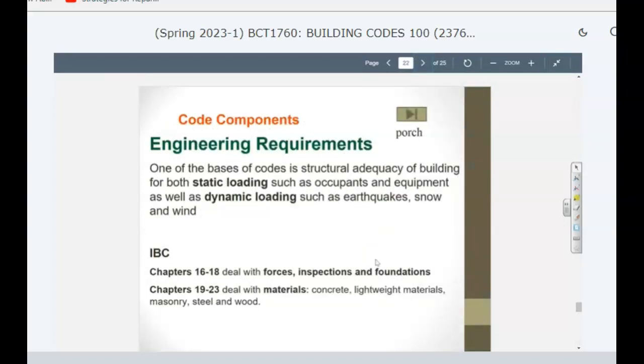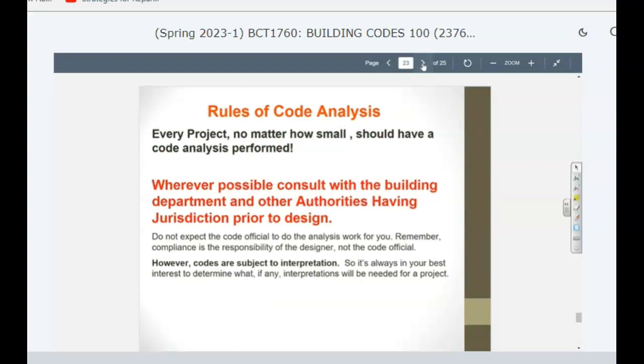Engineering requirements. One of the bases of codes is a structural adequacy of the building for both static loading, such as occupants and equipment, as well as dynamic loading, such as earthquakes, snow, and wind. So we talked about live loads and dead loads. Every project, no matter how small, should have a code analysis performed. And whenever possible, consult the building department and other AHJs prior to the design.